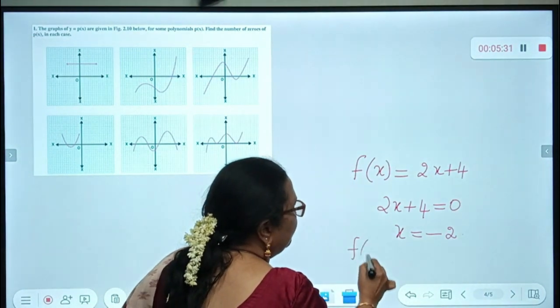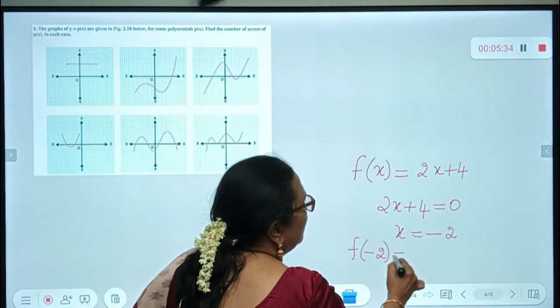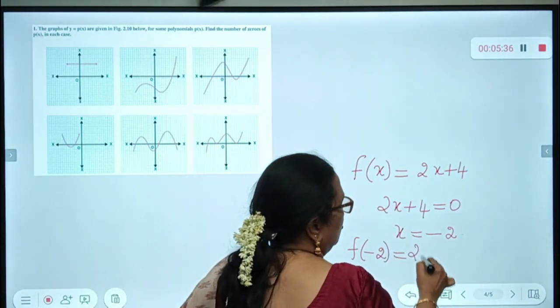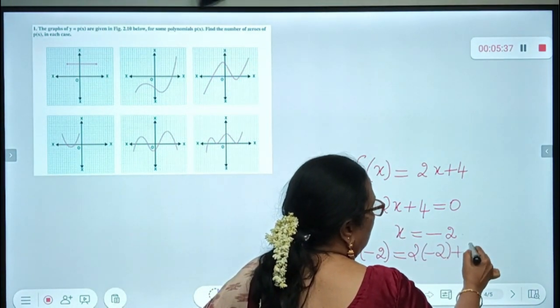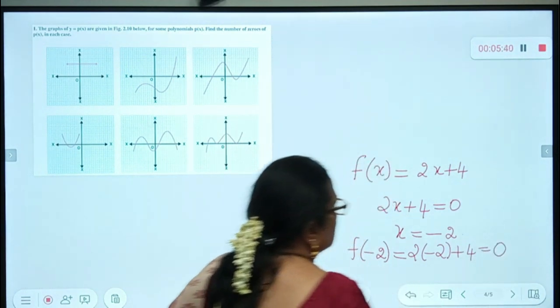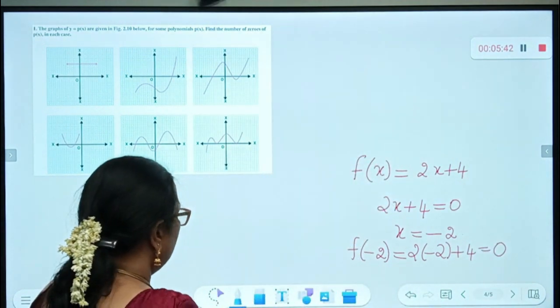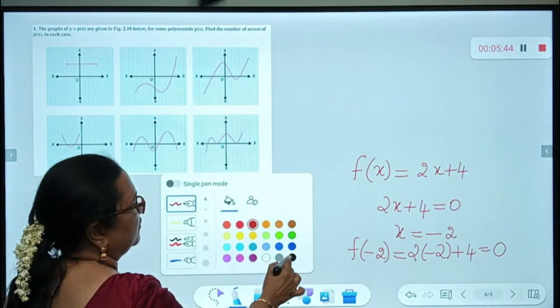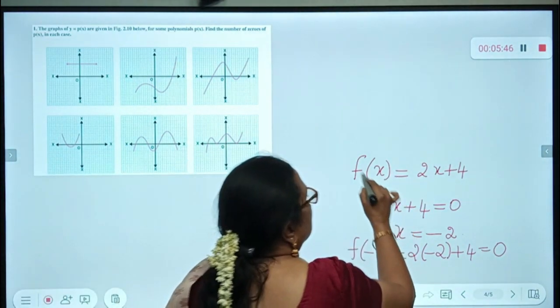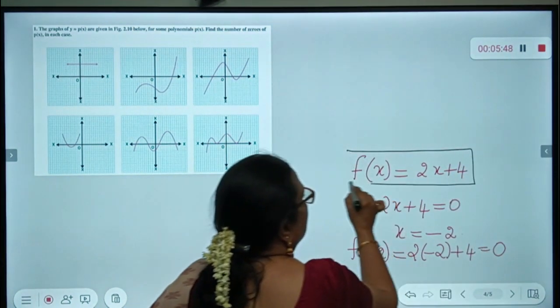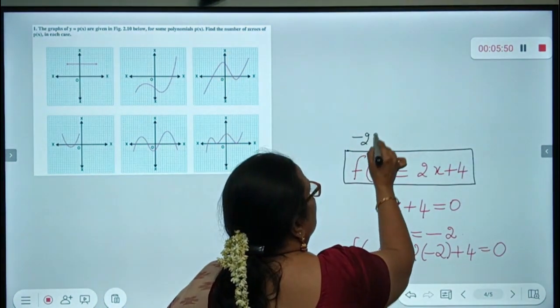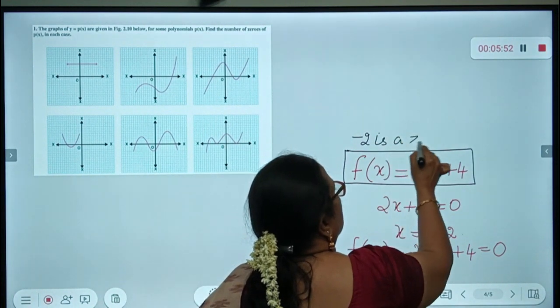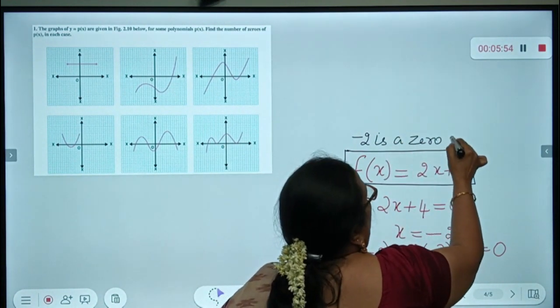Now what will be f of minus 2? f of minus 2 is 2 into minus 2 plus 4 equal to 0. So minus 2 is called a 0 of the polynomial. So for this polynomial, minus 2 is a 0 or root.